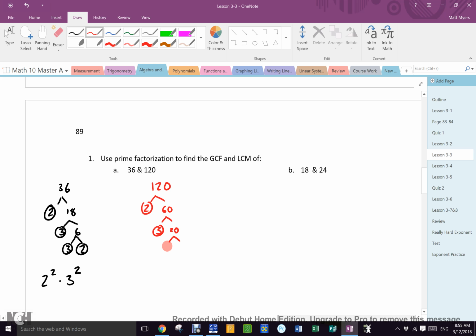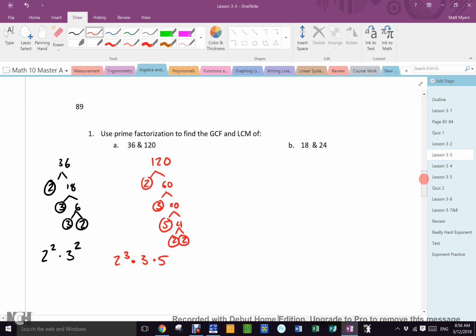Then what's 20? 5 and 4. 5 we're going to stop. Then what's 4? 2 and 2. And what do I get there? 2 cubed, times 3 to the first, times 5 to the first. Is everybody cool? Can everybody do that?